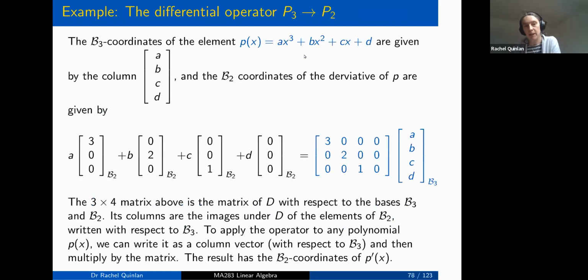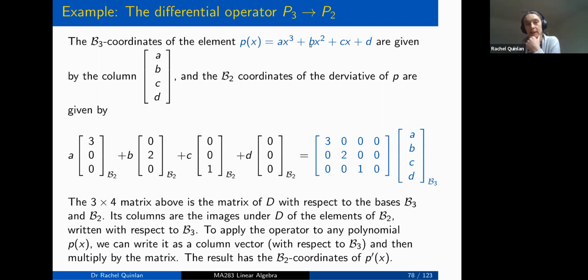So the B3 coordinates of any element ax cubed plus bx squared plus cx plus d of P3 are given by the column a, b, c, d, of course, because the basis elements are just x cubed, x squared, x, and 1. And the B2 coordinates of the derivative of p are given by a multiplied by 3x squared, so that's a coefficient of 3a for x squared.